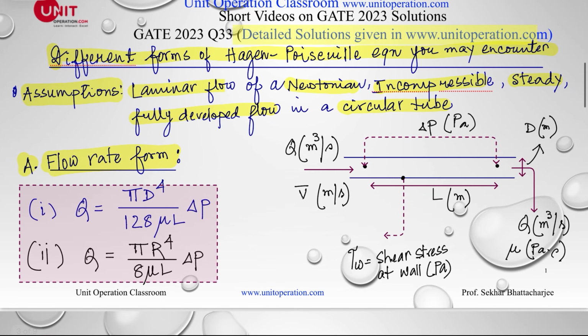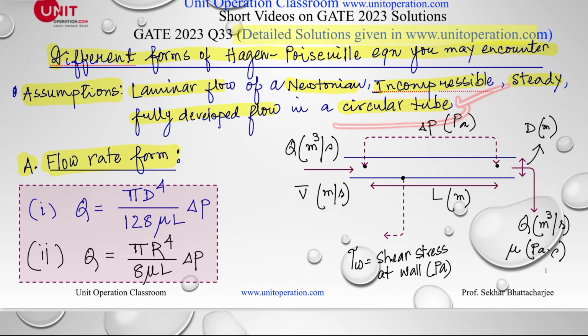Also, I just wanted to show you the different forms of Hagen-Poiseuille's equation you might see in different textbooks. Of course, one of the basic assumptions of Hagen-Poiseuille's equation is laminar flow of a Newtonian fluid, incompressible, mainly liquids, steady flow, fully developed flow, no entrance and exit effects in a circular tube.